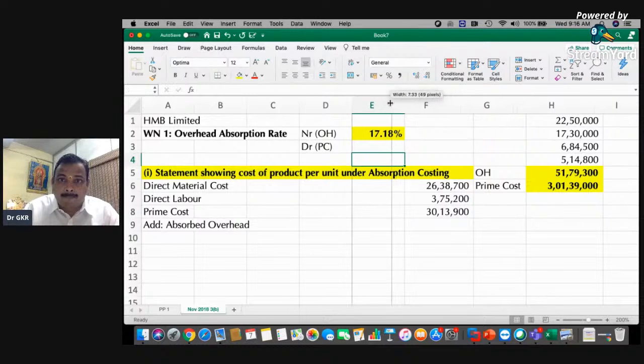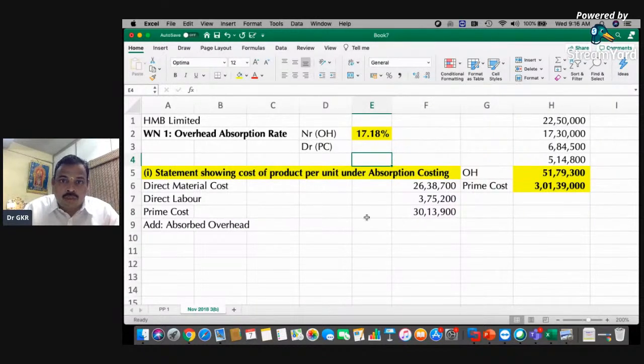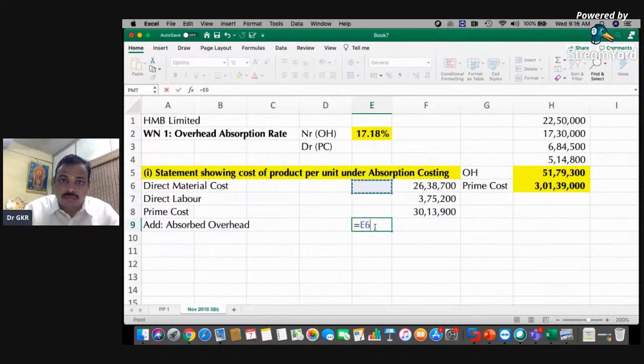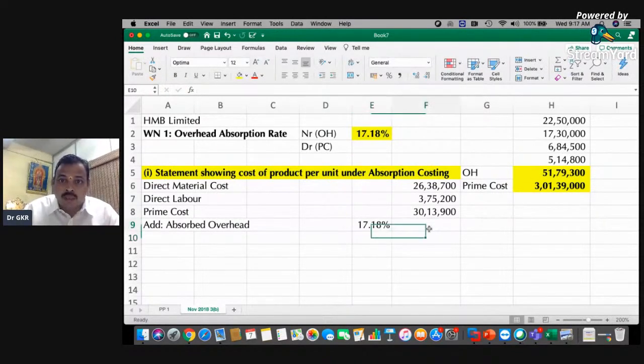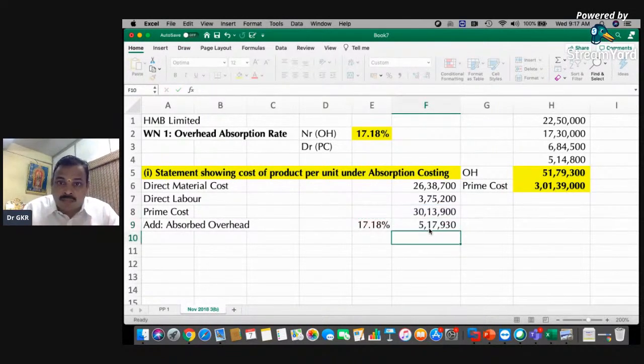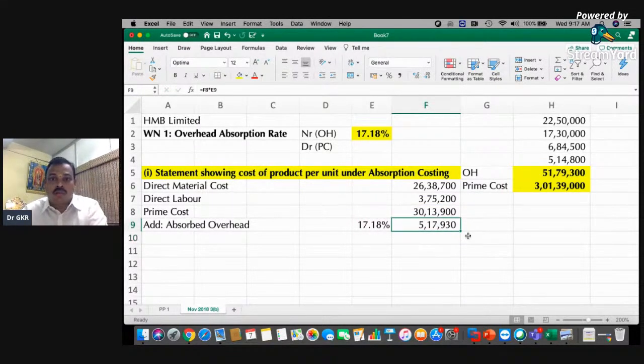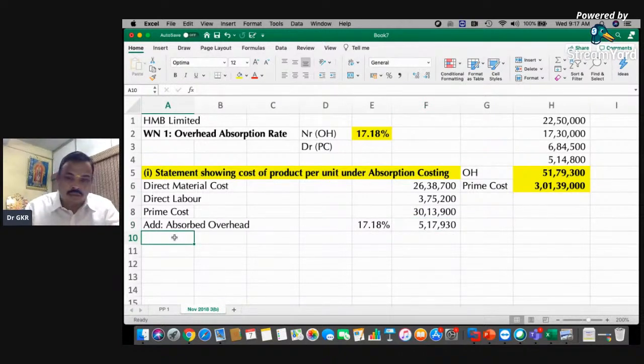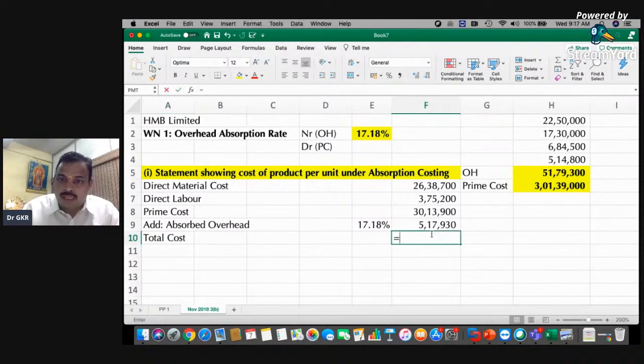Okay. Your absorbed overheads, this is your rate, 17.18%. So on 30 lakh 13,900 at 17.18%, which comes to around 5 lakh 17,900. This is overhead absorbed. So what is your total cost? Which is 30 lakh 13,000 plus this.